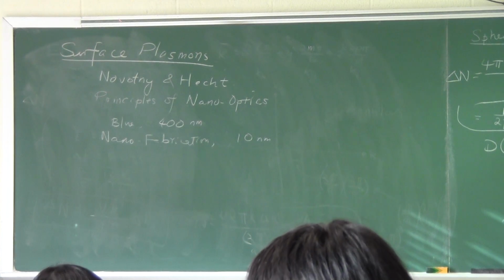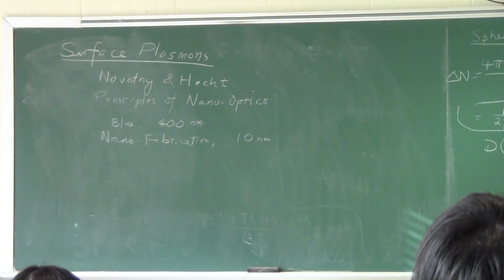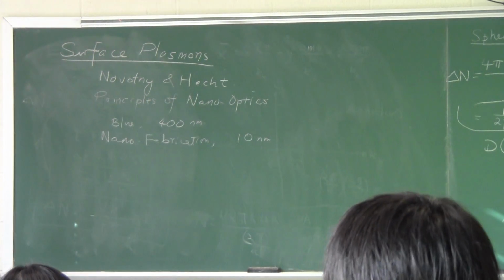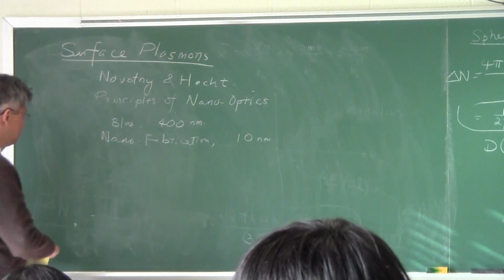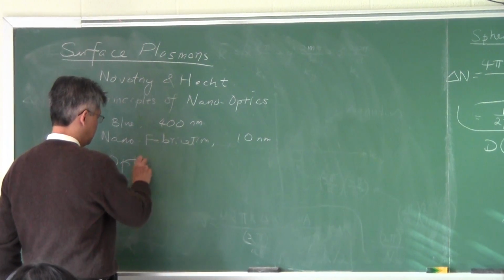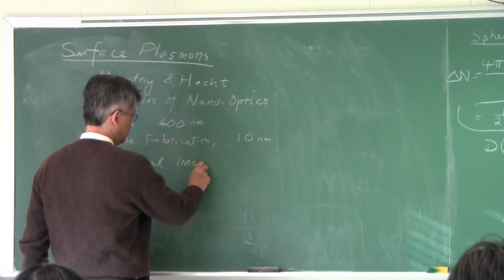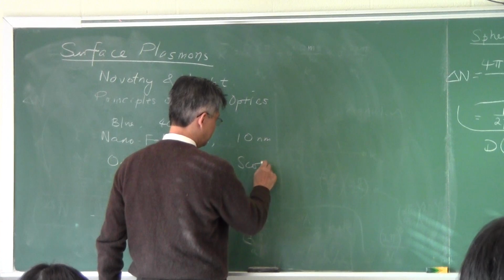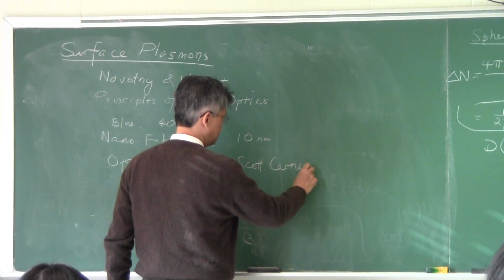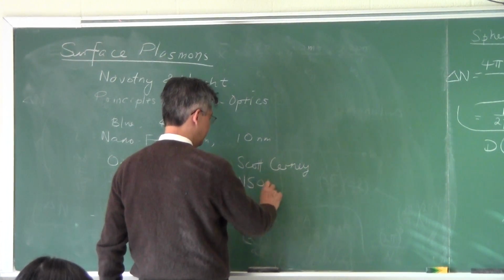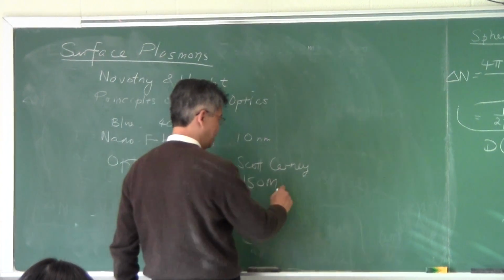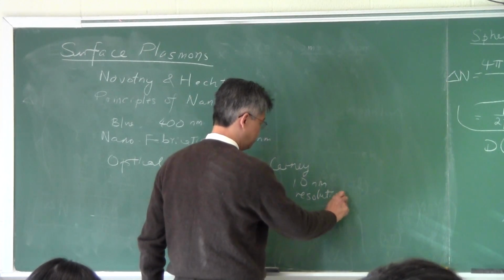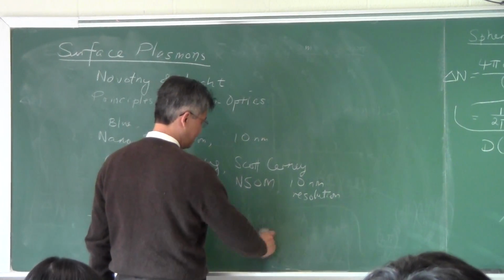So nanofabrication actually opens up a very interesting area of nano-optics. People are doing optical imaging. Professor Scott Carney, with his NSOM, near-field scanning optical microscopy, claims that he can have 10 nanometer resolution, plus some interferometric techniques.